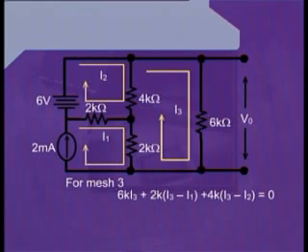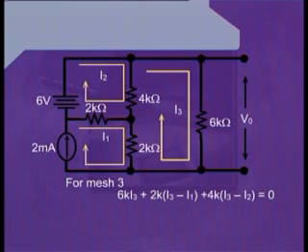Therefore, we have written the voltage drop across the 4 kilo ohm value in terms of resistance and current after applying Ohm's law as 4k into I3 minus I2. And we have reached back to our starting point.